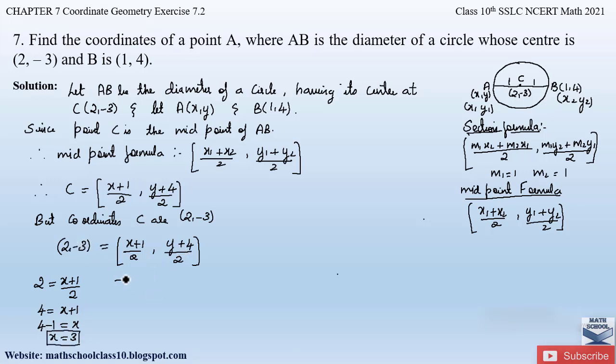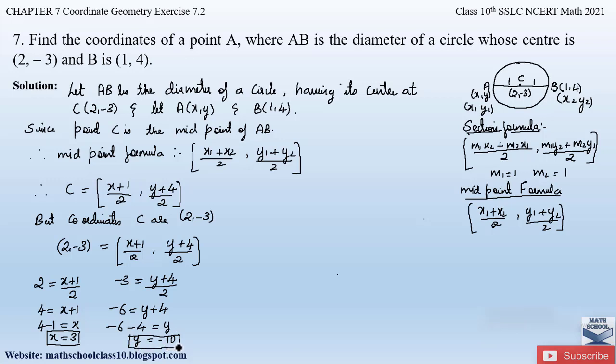Now similarly, let us equate the y coordinate parts. The y coordinate here is given by minus 3 equal to (y plus 4) divided by 2. Cross multiplying, minus 3 into 2 is minus 6, equal to y plus 4. Sending this 4 to the left hand side, we get minus 6 minus 4 is equal to y, so y is equal to minus 10.